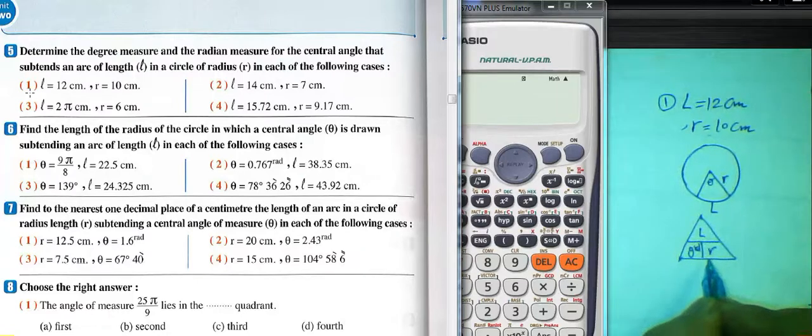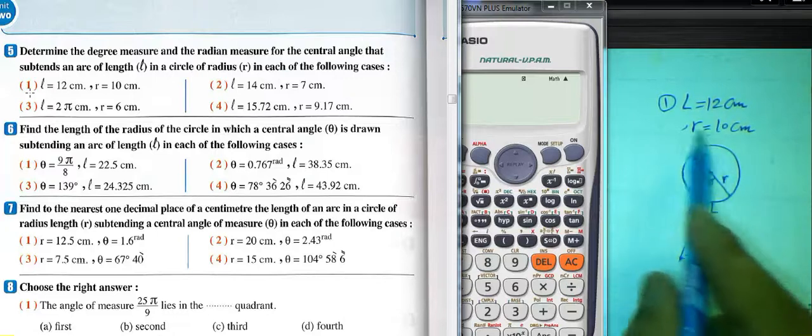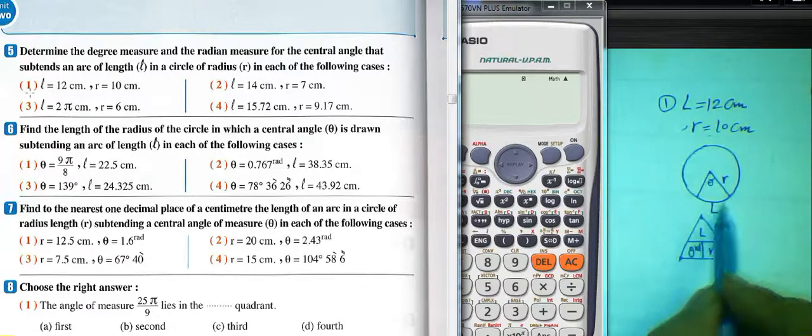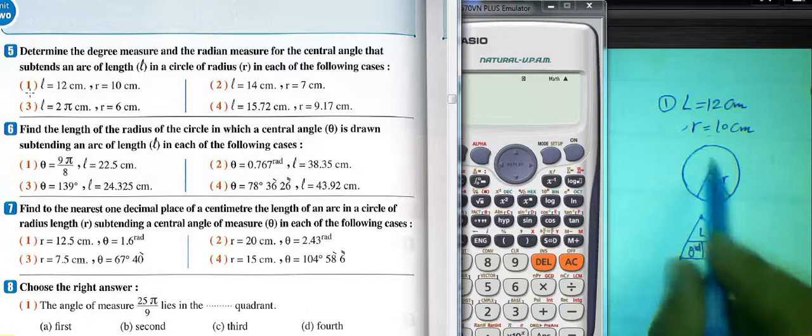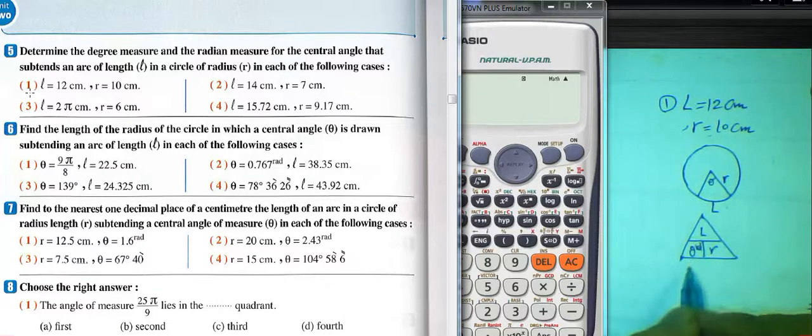So if you want to solve any questions about the length of arc, radius or theta, you can use this relation. In this example, you want to find theta in radian.